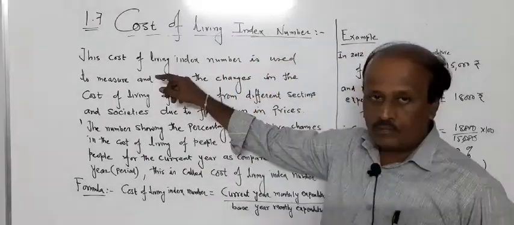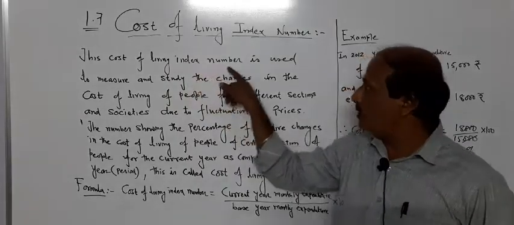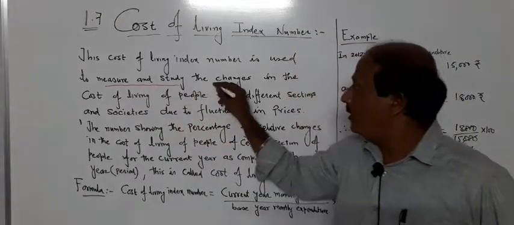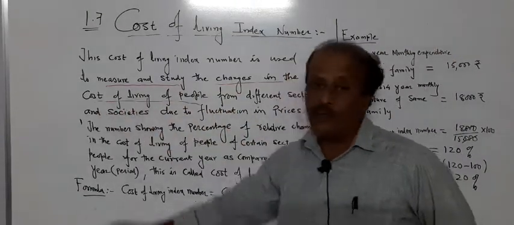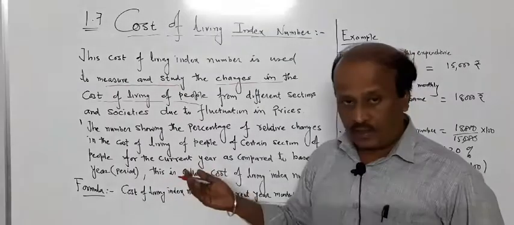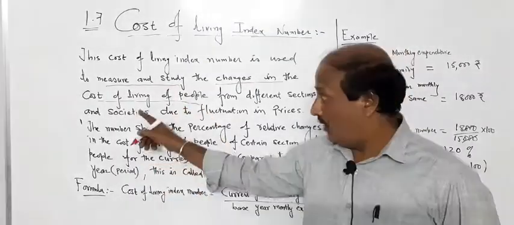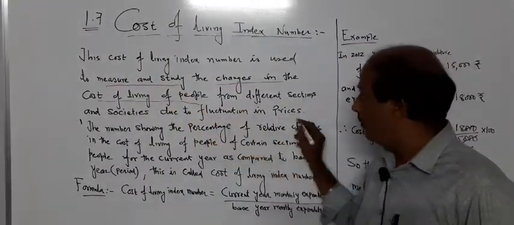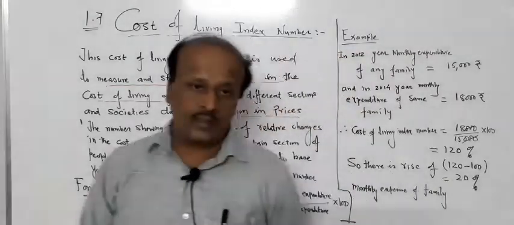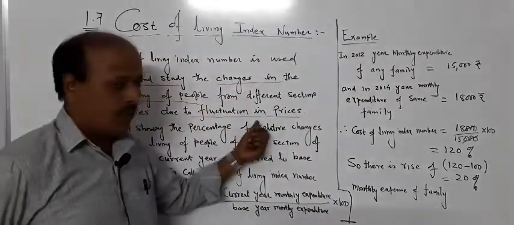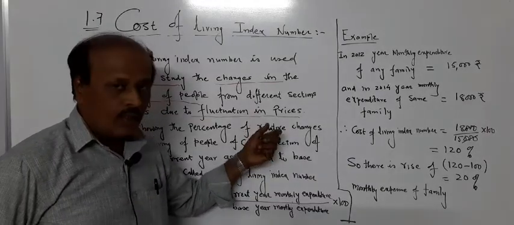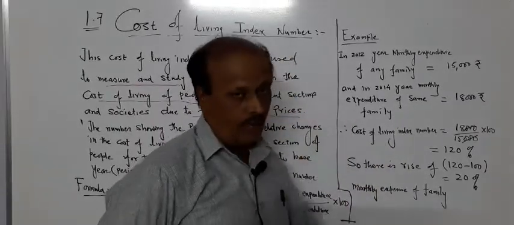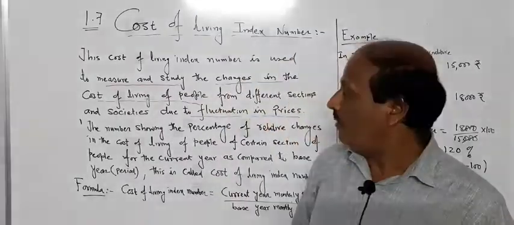Roughly, by definition, the cost of living index number is used to measure and study the changes in the cost of living of the people, whether the standard of the people increases or decreases. That we come to know with the help of that number for different sections in society due to the fluctuation in prices. Prices are never constant for any given item. So whether the standard of living of people increases or decreases, we can calculate with the help of this particular article, cost of living index number.